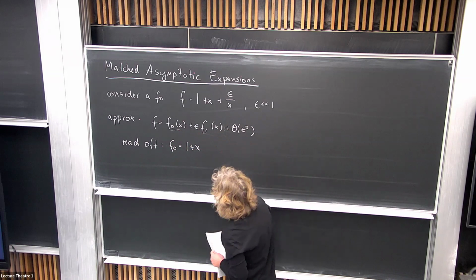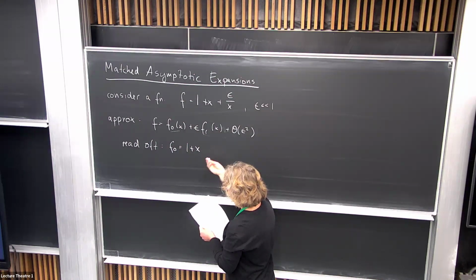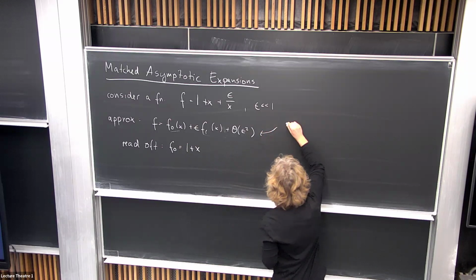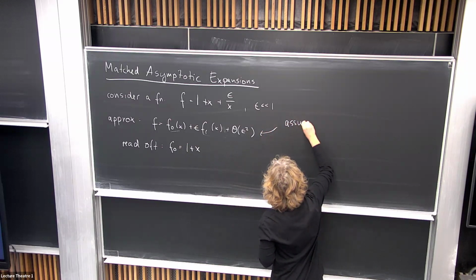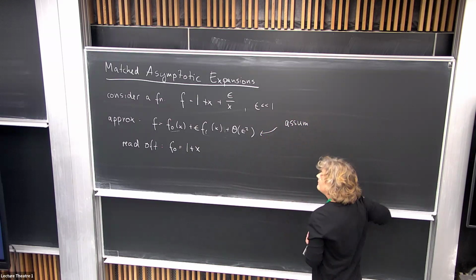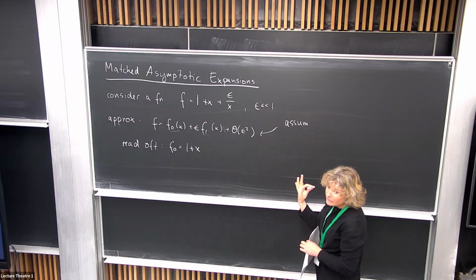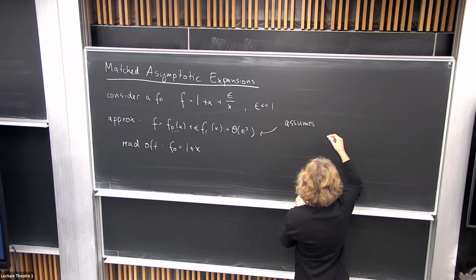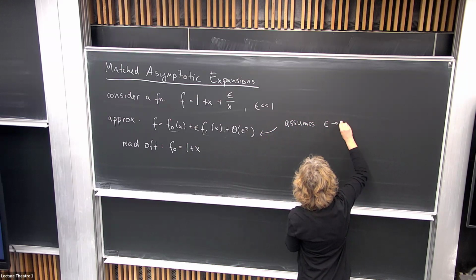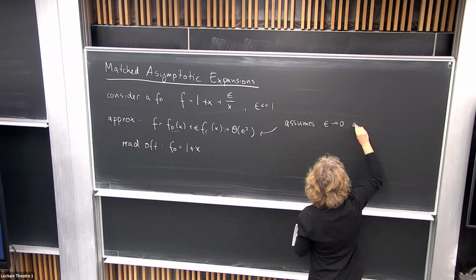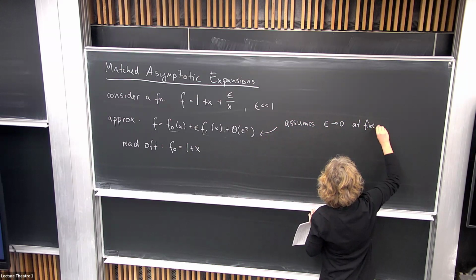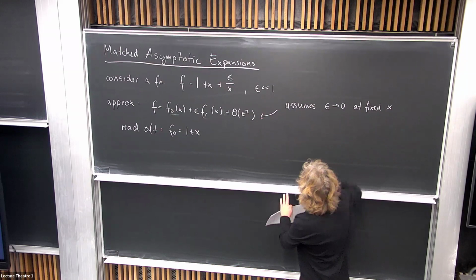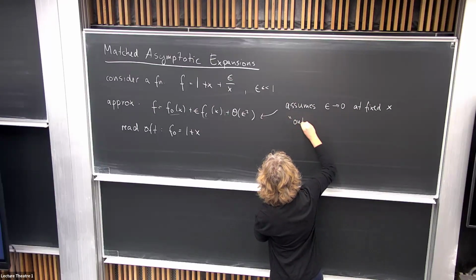This is also the reason why this is sometimes called the outer approximation. When we make these kinds of ansätze, we have to be careful about what is implicitly assumed in writing this down. Here we are assuming the limit epsilon goes to 0 at fixed x. And as we said, it's sometimes called the outer expansion.